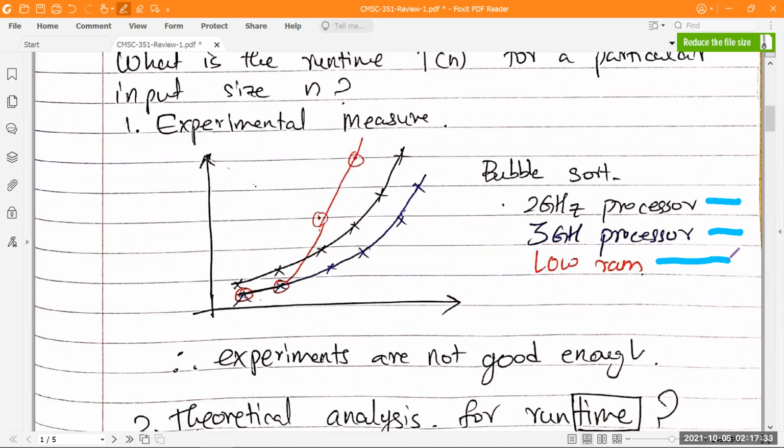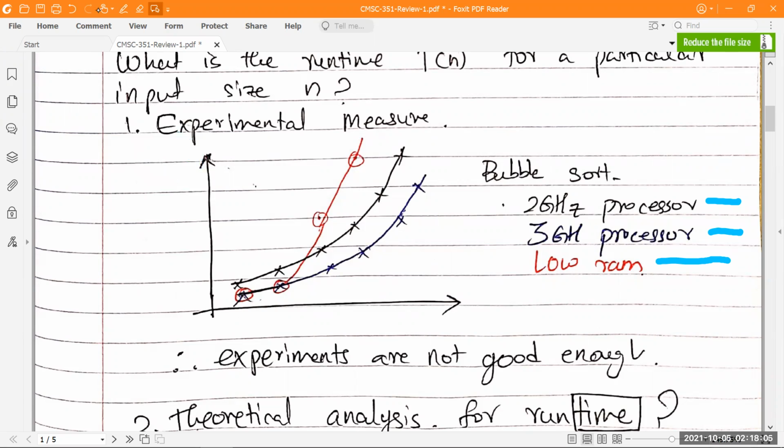You will see that the time taken for this program to work on inputs of different n is not the same, even for the same algorithm on different computers. The problem is experimental measures are highly susceptible to different experimental setups: the computer, maybe the programming language, compiler, operating system, and everything. So experiments are not good enough to give a general answer.